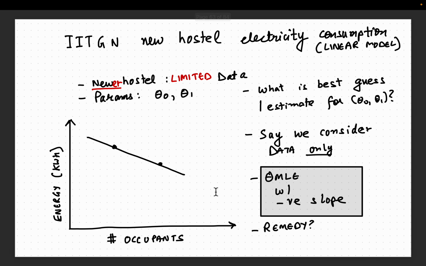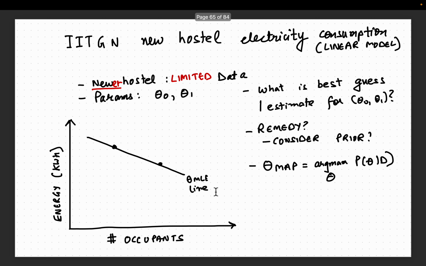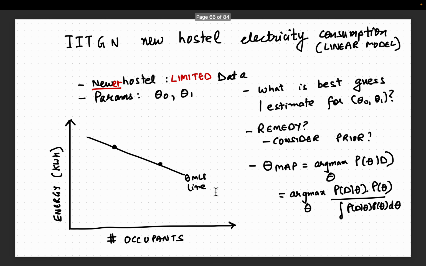So what we said is that let's consider both the prior as well as the data, which means that we want to maximize the posterior term, which is P of theta given D, or find the theta which maximizes this term. We can write this posterior term as the likelihood times prior divided by the integration of the numerator. For the purposes of this class and in general, we can just consider the denominator to be a constant.